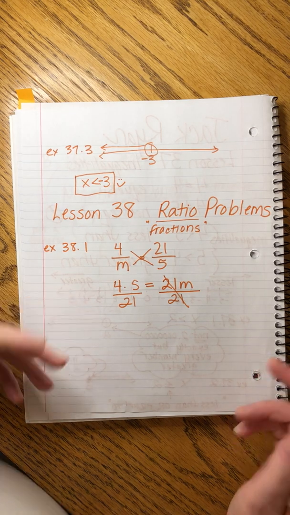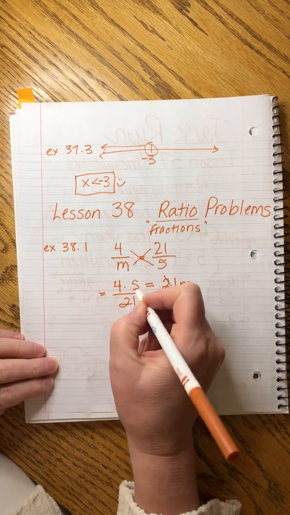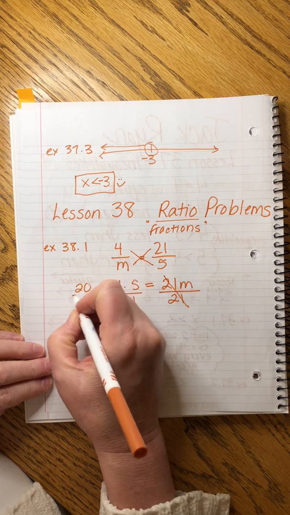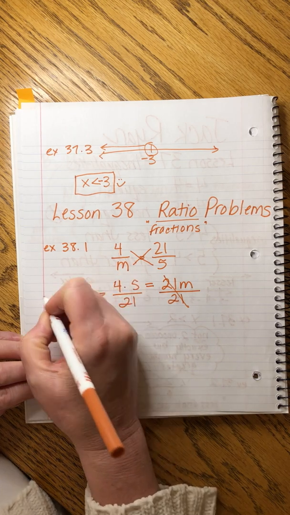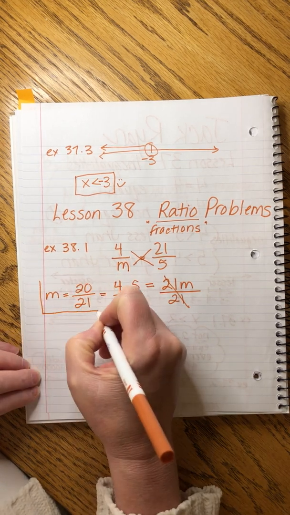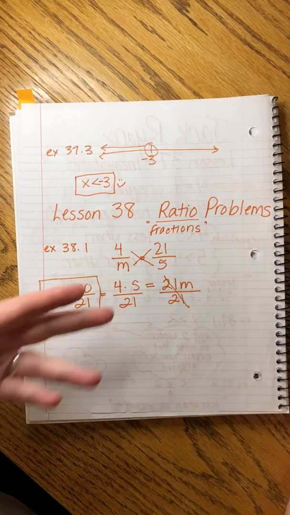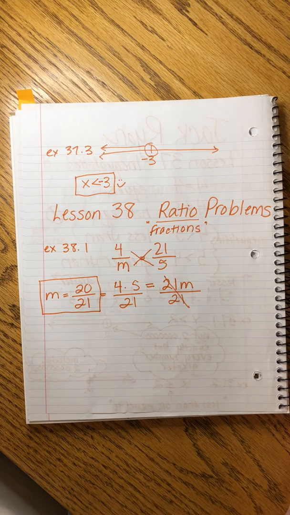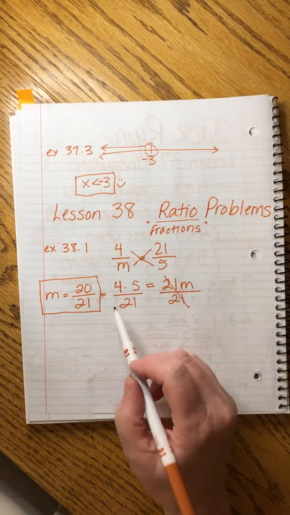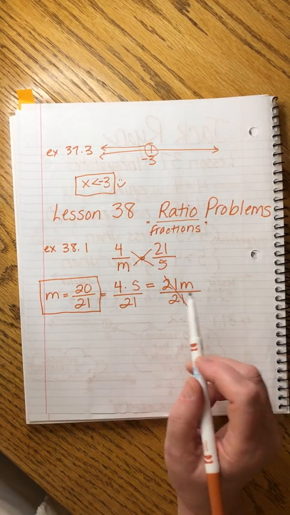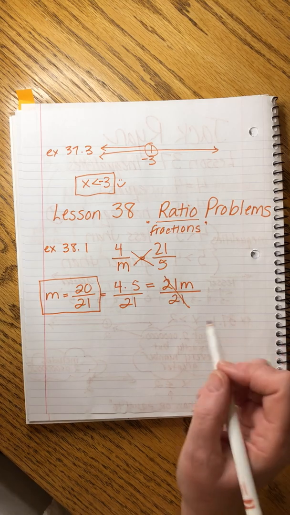So this one didn't work out, and what I would say here is 20 over 21 equals m, right? Across the top and then the bottom. So this one didn't cancel, but 99 times out of 100, we're going to be canceling here. So that's good to know, right?